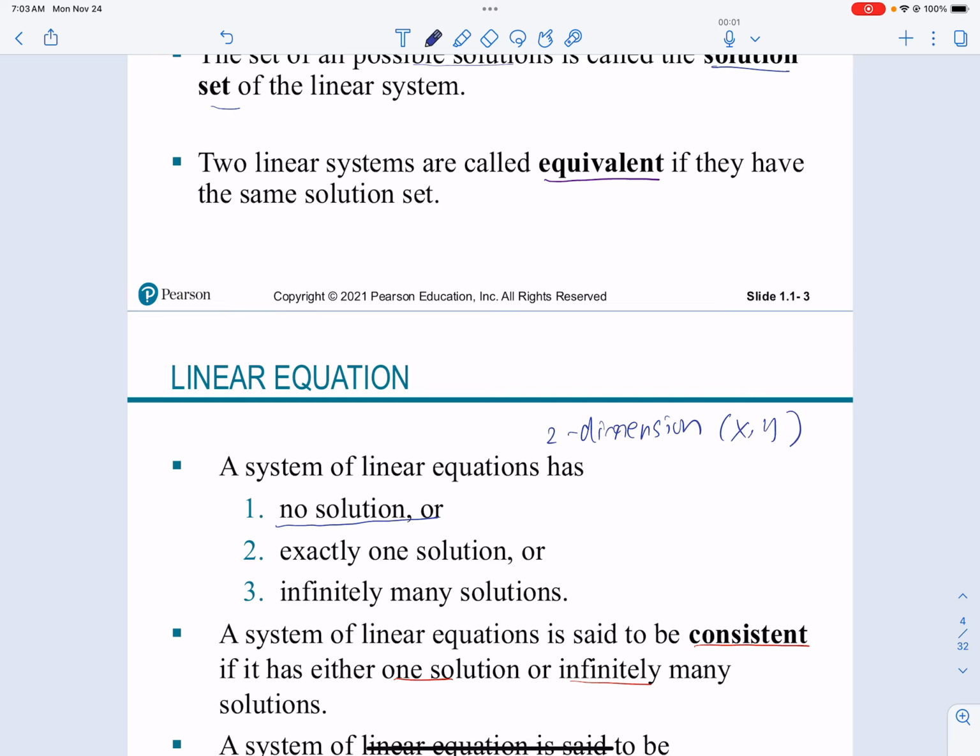What does no solution mean? Parallel. Are you guys with me? So parallel lines means no solution. Exactly one solution means what? They intersect. And infinitely many solutions means what? They are identical. But this is only for 2 dimensions.